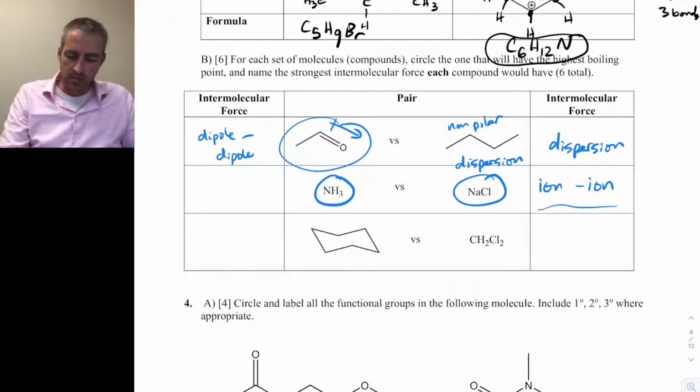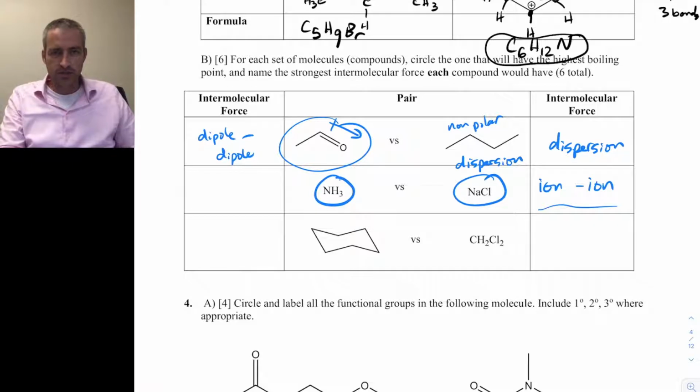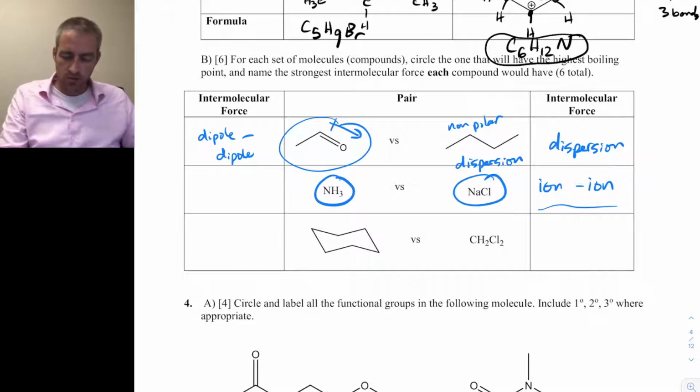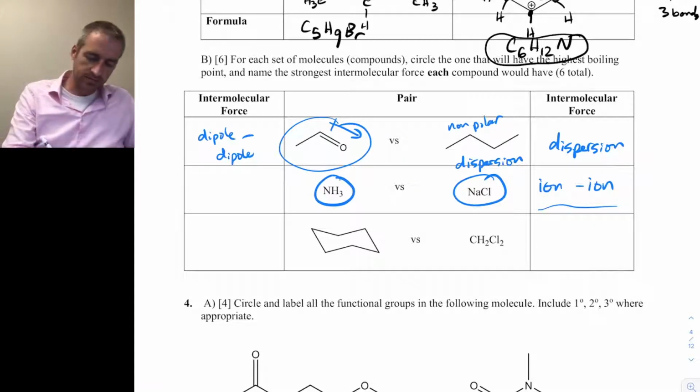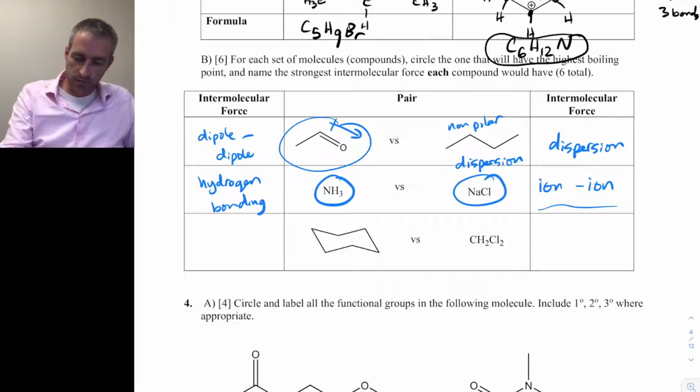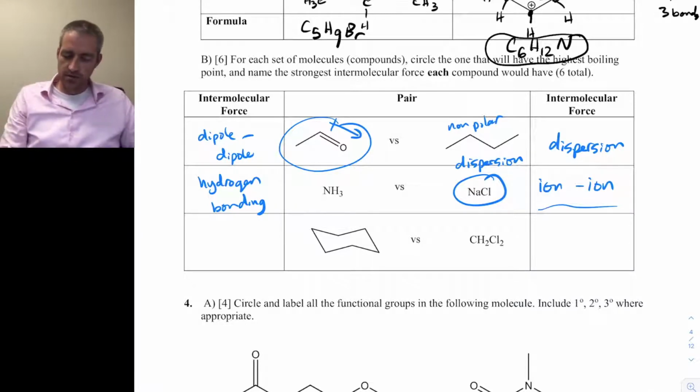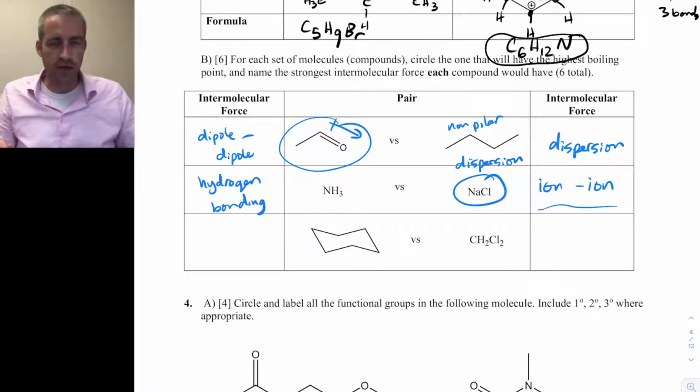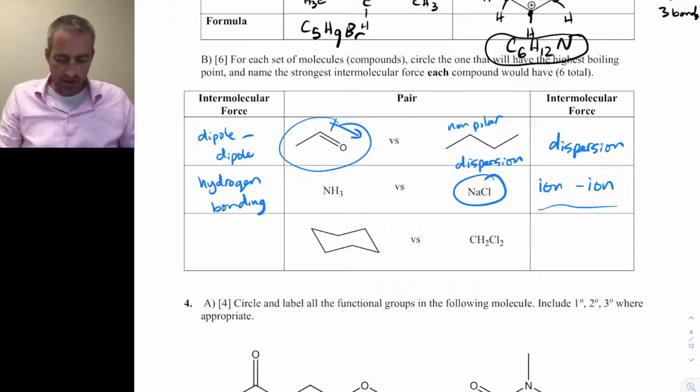NH3 is ammonia. NH3 has 3 NH bonds, which give it hydrogen bonding. Which has strongest intermolecular forces? NaCl by a long shot. Ionic bonding is very strong. You have to heat NaCl up to over 1,000 degrees, I think, to melt it. NH3 boils quite readily.